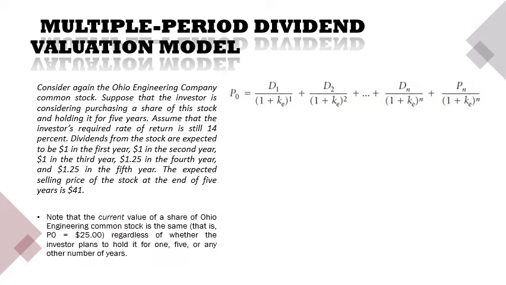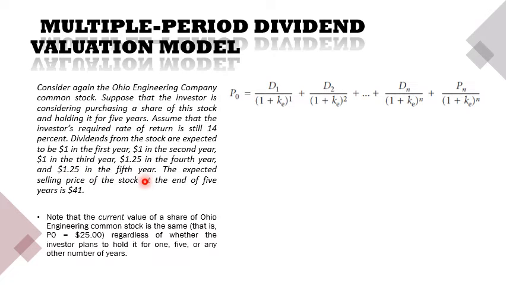Next is the multiple period dividend valuation model. The difference is, if we have discussed the one period, this will now include multiple periods of holding the common stock. So let's consider again the Ohio Engineering Company common stock. Suppose that the investor is considering purchasing a share of this stock and holding it for 5 years. Assume that the investor's required rate of return is still 14%. Dividends from the stock are expected to be $1 in the first year, $1 in the second year, $1 in the third year, $1.25 in the fourth year, and $1.25 in the fifth year.